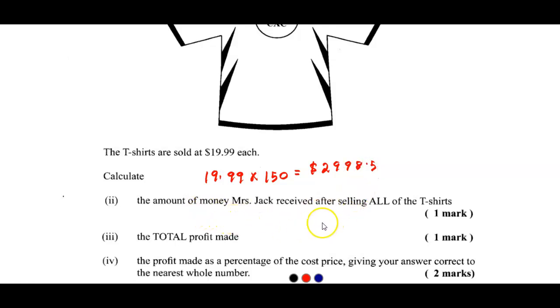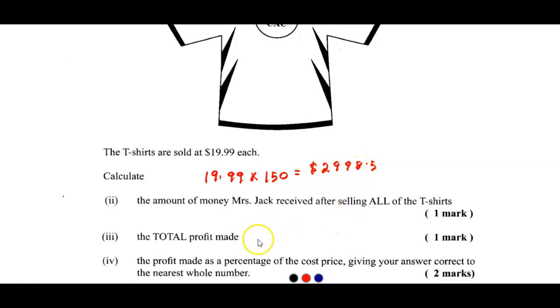So part 2, the cost of all the shirts at that rate is this amount. The profit made would be the selling price now minus the cost price.